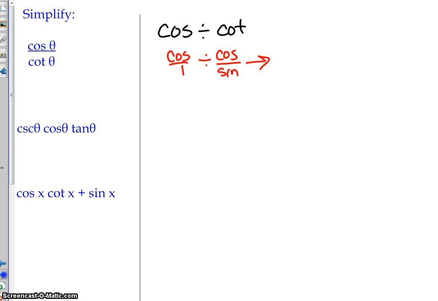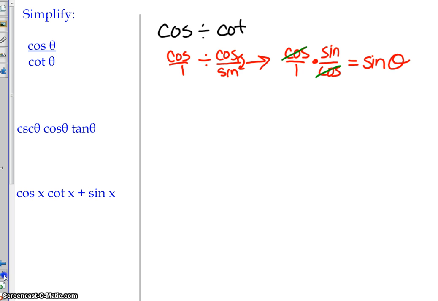In order to divide by a fraction, we multiply by the reciprocal of what I'm dividing by. So I'm going to change it to cosine over 1 times sine over cosine. That's kind of slick because I can reduce my cosines, and in the end I'm left with sine. I don't mess with the thetas while I'm working these out. I just throw the theta in at the end.